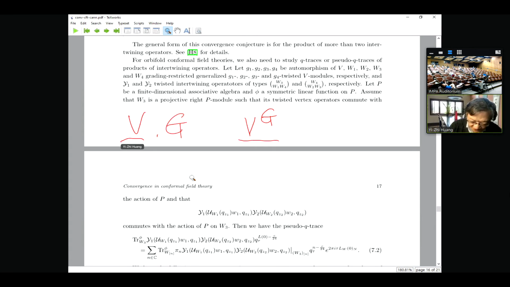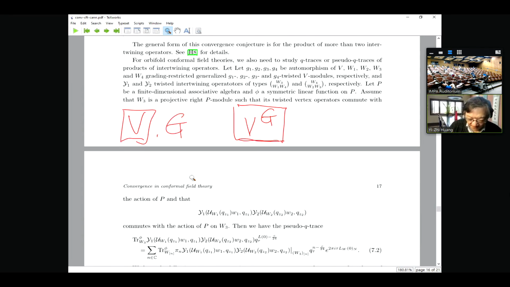It's not that V^G gives us the larger structure. It's all the modules for V^G that give a structure which contains V as a substructure. So you have to consider all the modules, and all the intertwining operators between these modules.